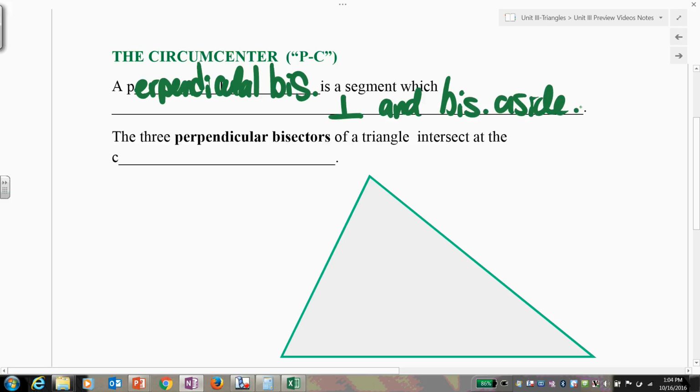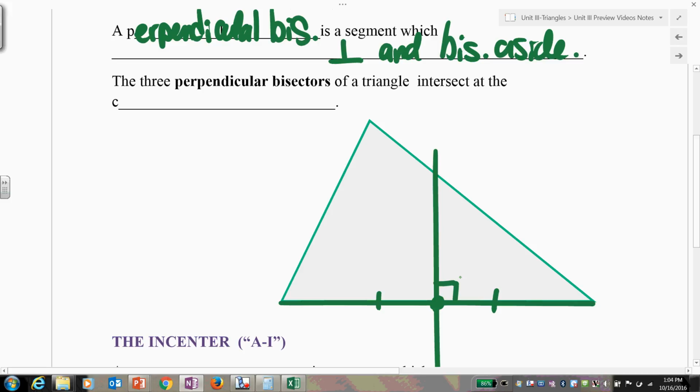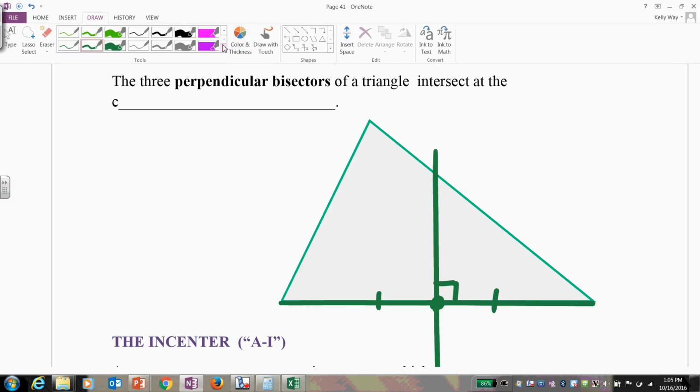Okay, warning, it does not necessarily go through the vertex. So let's trace this side, eyeball what looks like the middle, hatch mark. Now, draw a bisector at a right angle. That's a perpendicular bisector. Let's draw two more.